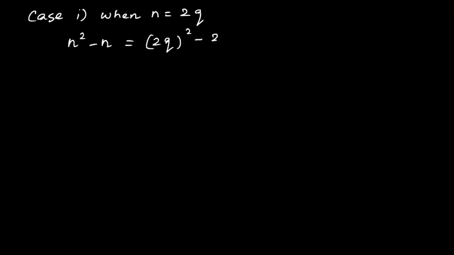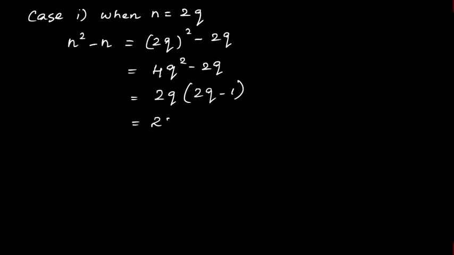So case 1, when n is equal to 2q, n square minus n is equal to, in the place of n, replace by 2q. So you will get 2q square minus 2q. So 2q the whole square will get 4q square minus 2q. So in this 2q is common, so take it out. So when you take 2q outside, you'll get 2q minus 1, which is equal to 2r. So I have taken r is equal to q into 2q minus 1.